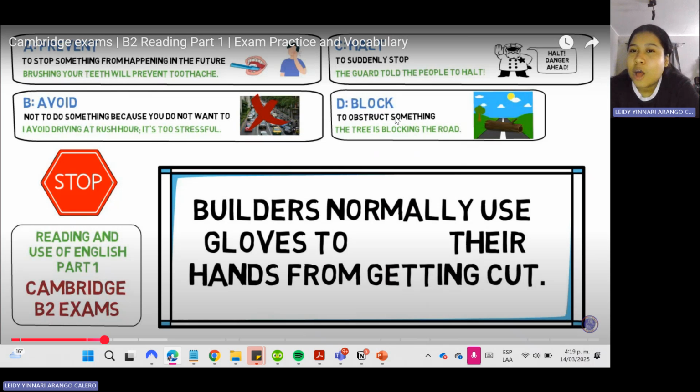To suddenly stop, halt, no, it does not fit this case. Block, no, it does not either, because builders normally use gloves to block. No, that does not make any sense, even though all of these options mean a stop. So in this case, I think the most accurate will be A, prevent. Let's see what it says.